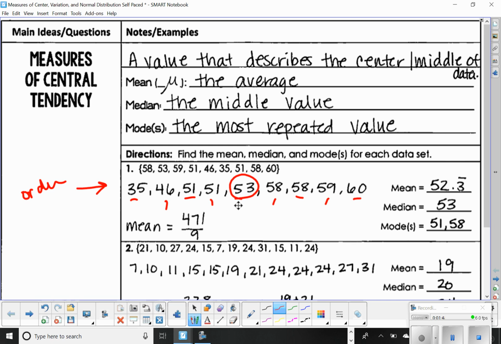Oftentimes when I report the class average on a test or something like that, I'll report the median. The reason is that the median, while it's typically close to the mean, is not as influenced by outliers. When you take a test or a quiz, there are some people who are absent, so their test or quiz score is a 0.